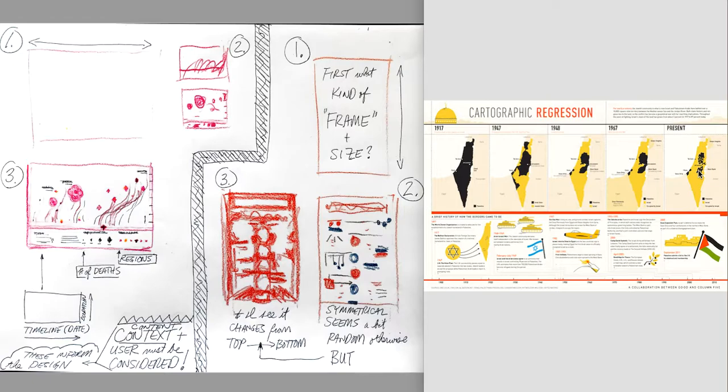So when you hear the words Palestine and Israel conflict, and you think, well, I don't even know what that means or why it happened, and then you stumble upon an image like this, you quickly see that from 1917 to the present day, which is about 100 years, as this map was made a couple of years ago, you can see what happened, at least on one side of the story, very quickly.